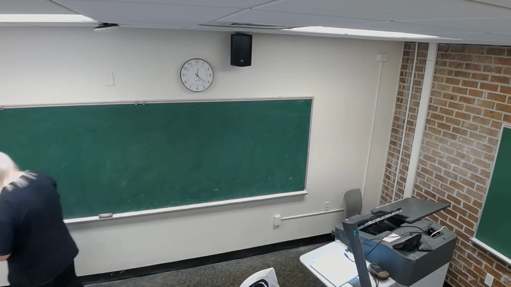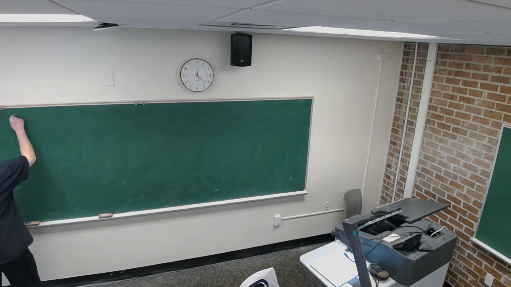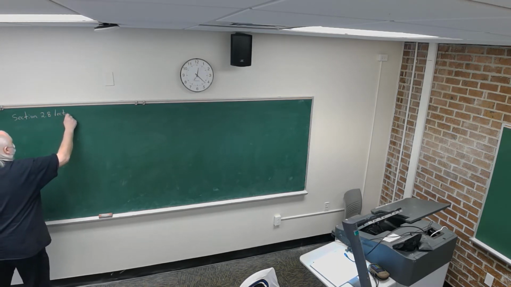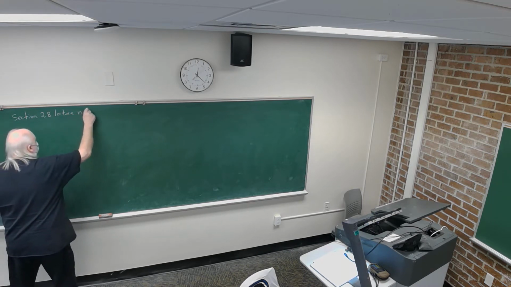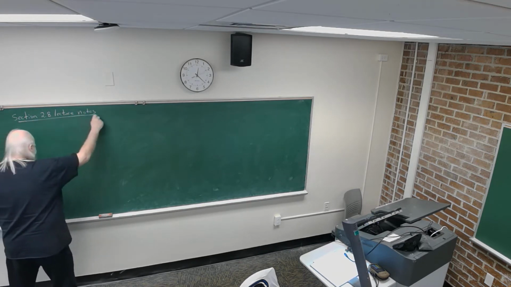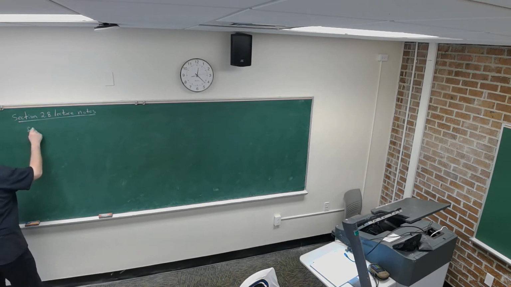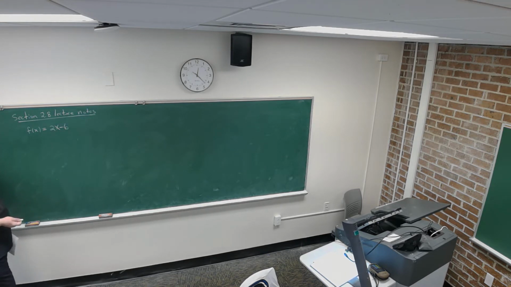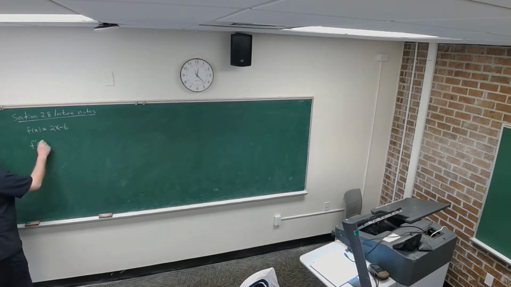In our 2.8 lecture notes, you were given a function f of x equals 2x minus 6, and using the definition of a derivative, we showed that f prime of x is equal to 2.